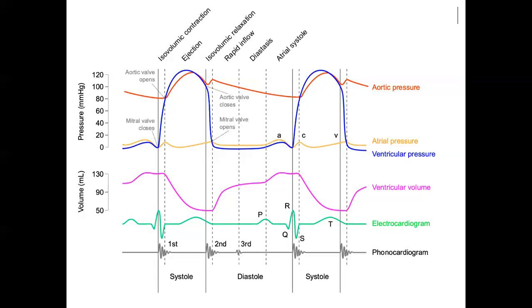Dicrotic notch right here. All dicrotic notch means is you have two notches, just two humps. If you're ever looking at your arterial waveform and you're looking for the notch, think of it going down, having a dip, and going back up. So that's your dicrotic notch. Your dicrotic notch is where the aortic valve closes.